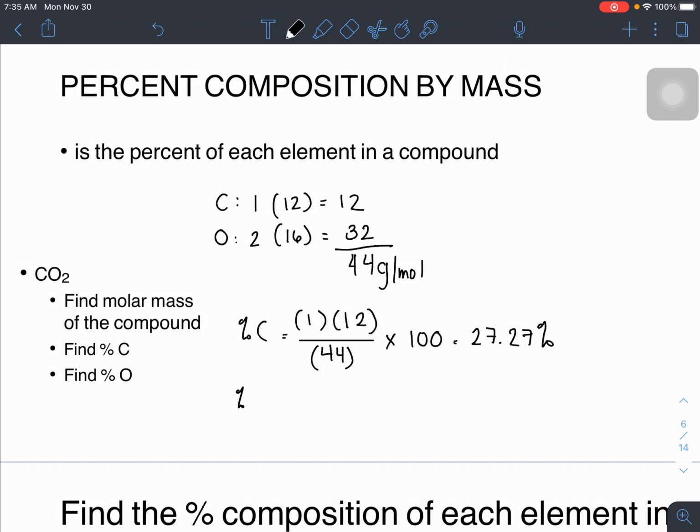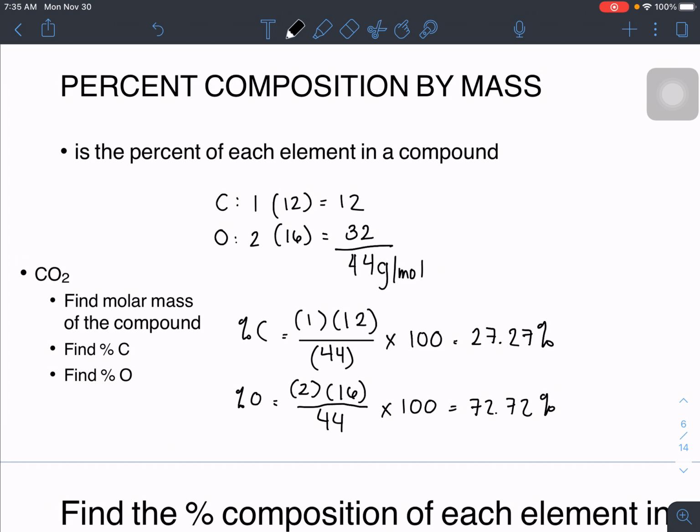Now let's find out the oxygen. The total number of oxygen atoms is 2 based on the carbon dioxide chemical formula, multiplied by the mass number of oxygen, which is 16, all over 44, multiplied by 100. That will be equal to 72.72%.